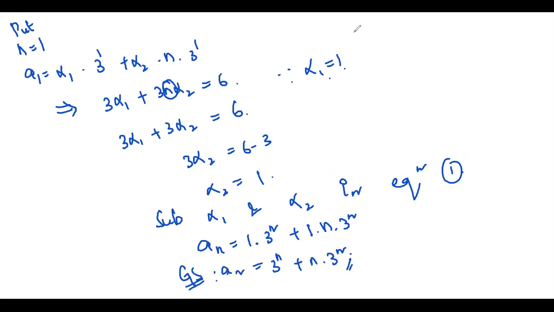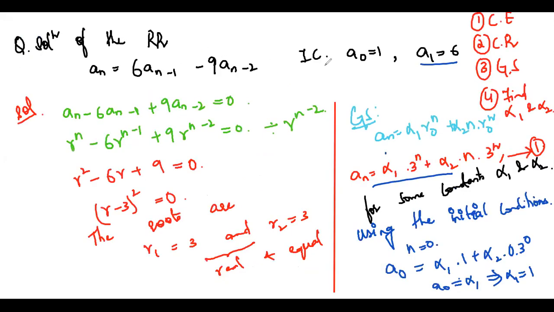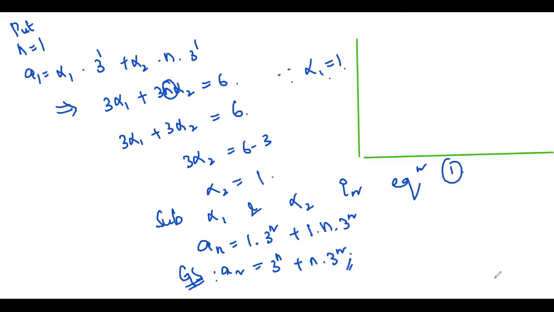But what I want to do is, I just want to verify whether we have got the correct general solution or not. So for that, I'll just verify it over here. Let's check our initial conditions and also the next term by using this formula and our general solution. A0 is 1, A1 is 6, I believe.